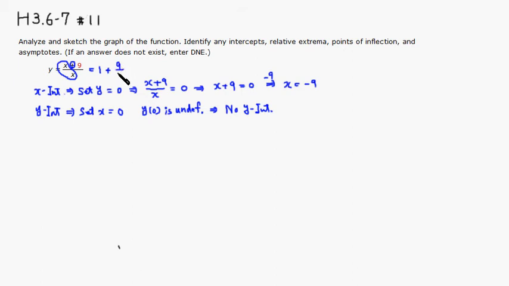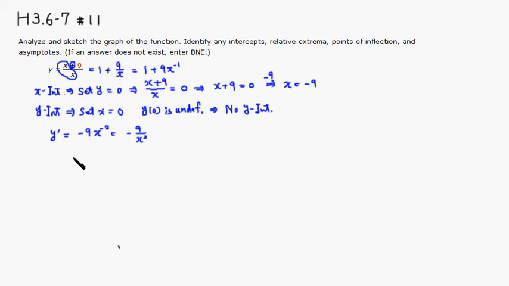Let's take the derivative. y prime is going to be equal to, derivative of 1 is 0, and for 9 over x, rewriting it as 9 times x to the negative 1, the derivative is negative 9 x to the negative 2, which is negative 9 over x squared.